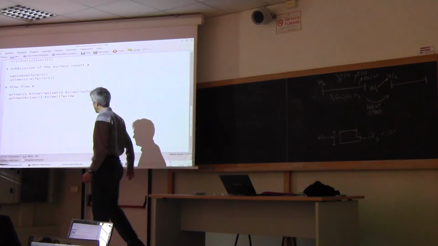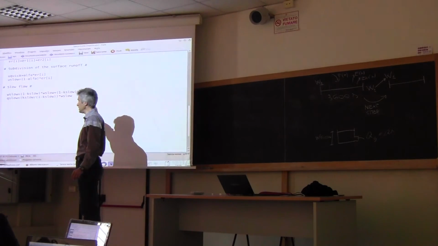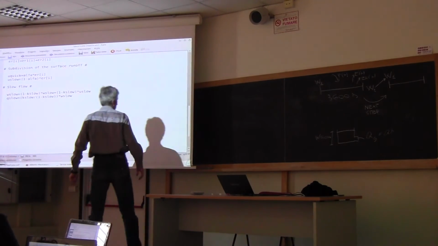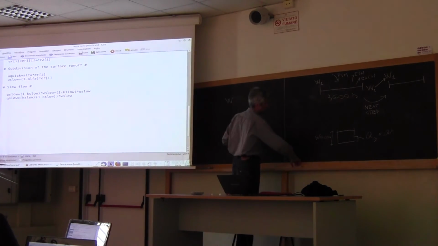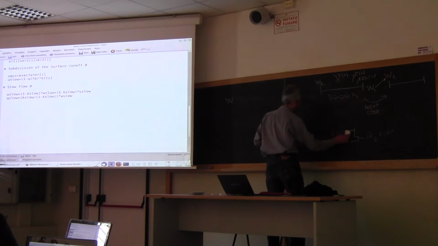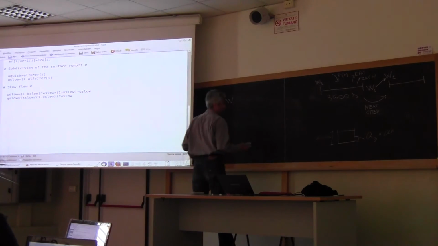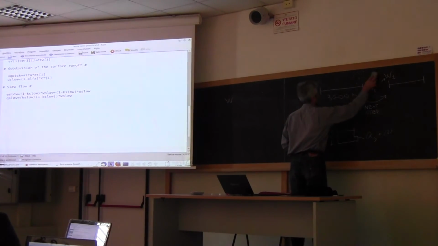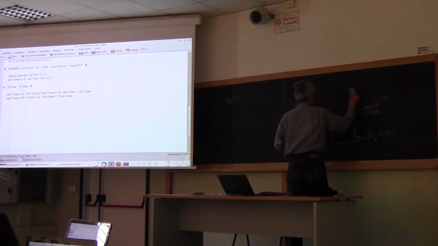So let's look at the first one, which is easier to understand. So basically what it says, I'm copying, it's W. Let me drop slow, because let's assume as it is that we refer to the slow reservoir, so I don't need to copy slow anytime.